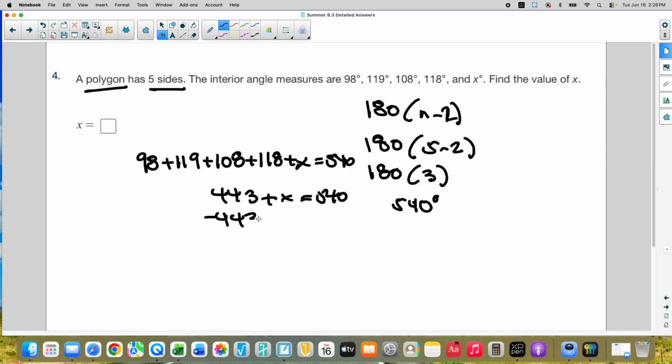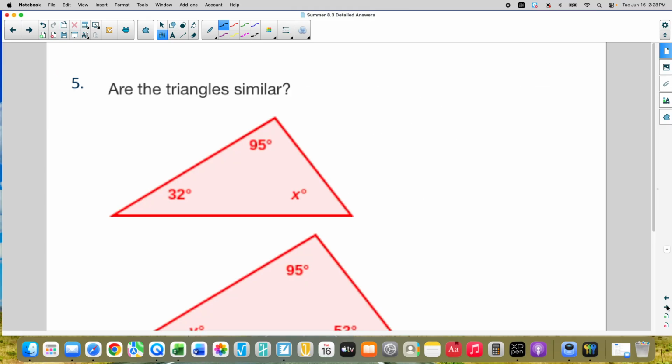Let's subtract, and you get x equals... 540 minus 443 gives you 97 degrees. So the angle that is missing, x, is going to be 97 degrees.